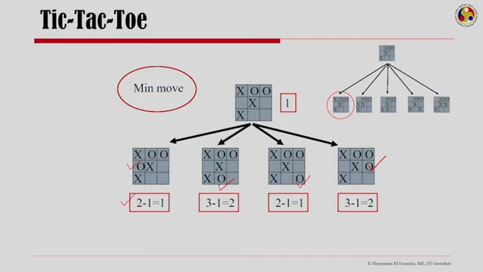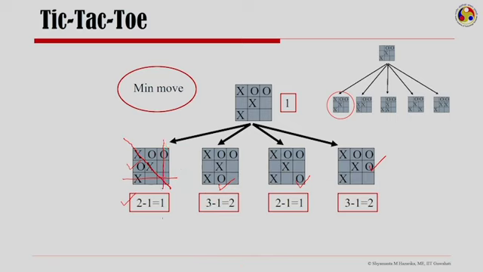So, number of positions open for Max at this location is 1 and 2. So, we have a 2 there. Number of directions which is open for Min at this location is this.